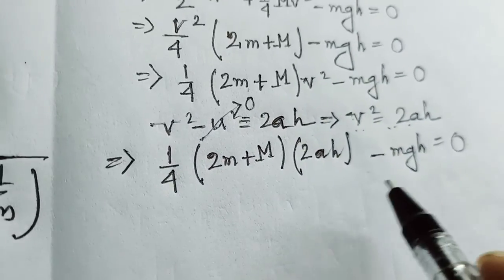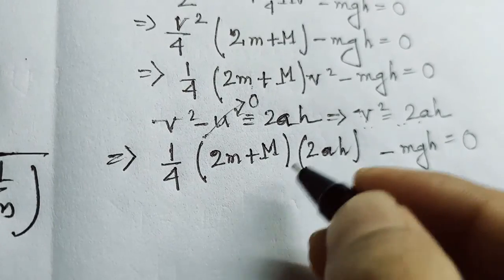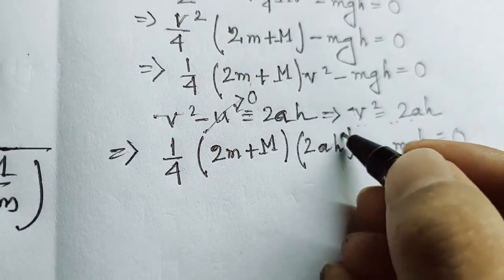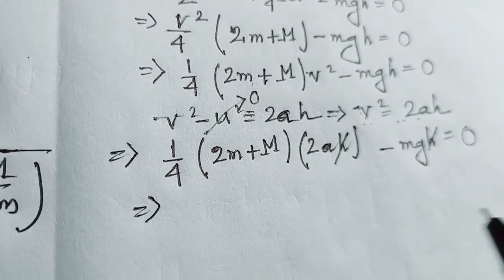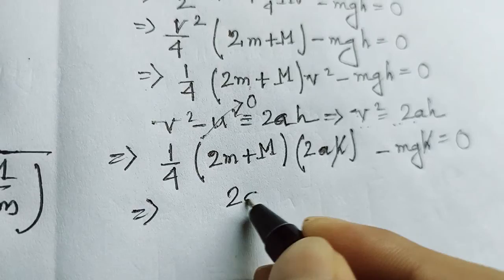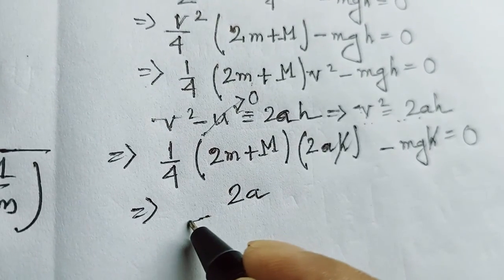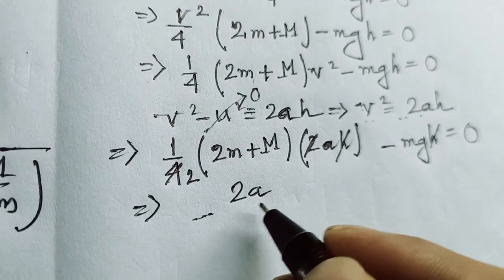Now we can take h as common. If we take h common, this h and this h will cancel, then we'll get 2a divided by, and this 2 and this 4 will partially get cancelled.